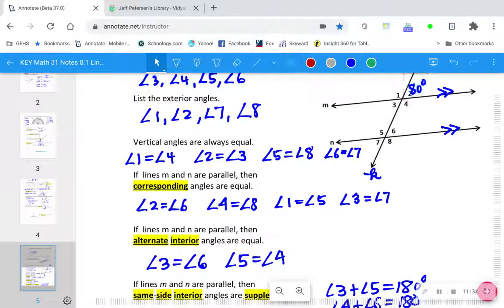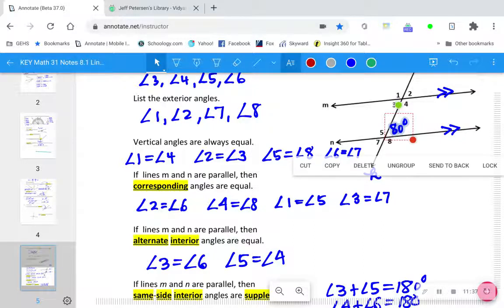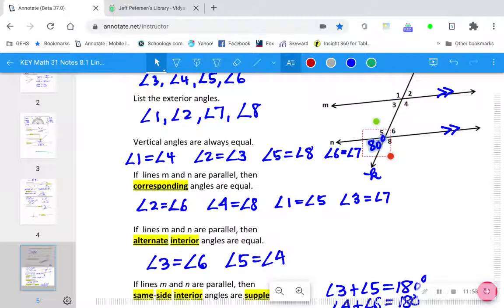They're both in the top right corner of their intersection. I could take that 80 degrees and transfer it down here because these are vertical angles. And this 80 degrees could transfer right there because they're alternate interior angles. They're on the opposite sides. So this is 80, it's equal to that one, this 80, it's equal to that one, this 80, and it's equal to that one, this 80.